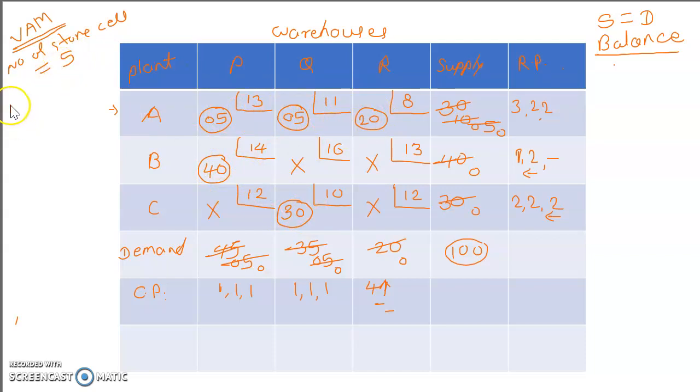We have one more equation, that is m plus n minus 1, where m means the number of rows, 3, and n means the number of columns, also 3. So 3 plus 3 minus 1 is equal to 5. The value of this equation is 5, which is equal to the number of stone cells. Therefore, the solution is non-degenerate.